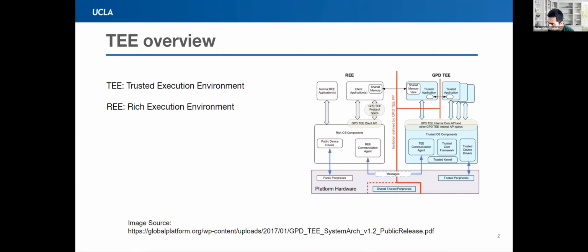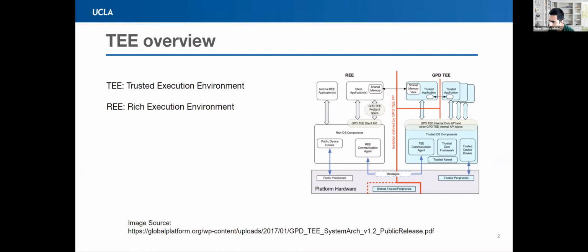Around 2010, GlobalPlatform came out with the TEE, which is used to verify the credential of the operating system. Here is a brief overview of the TEE structure. A trusted application is a TEE-specific application with high security.